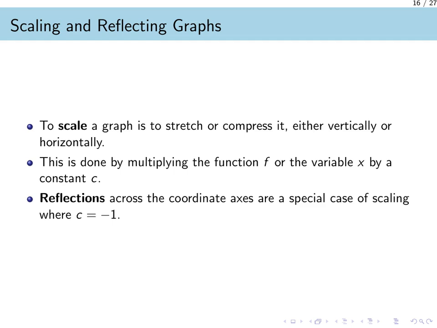For instance, multiplying the whole function by a value greater than 1, like 2, stretches the graph vertically, making it appear taller. Reflections are a special case of scaling, where the constant is -1. This operation flips the graph across an axis, creating a mirror image, without changing its fundamental shape. The key takeaway is that multiplying a function by a constant alters its proportions or orientation, unlike addition, which only changes its position.